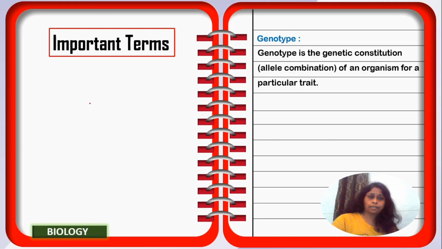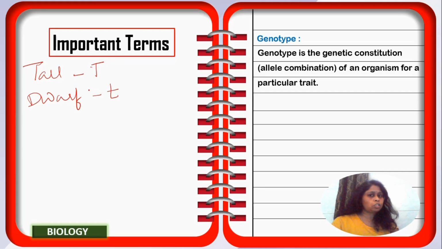Again let us take an example of plant height. So you already know that in plants there are two heights, right? A tall plant and a dwarf plant. And in tall plant it is associated with capital T, and in dwarf plant it is small t.